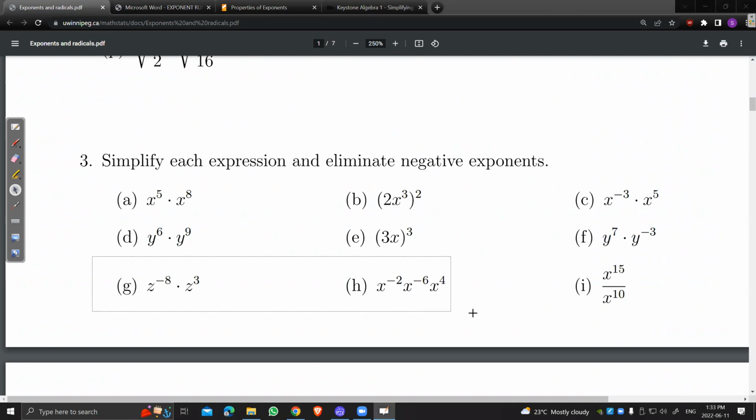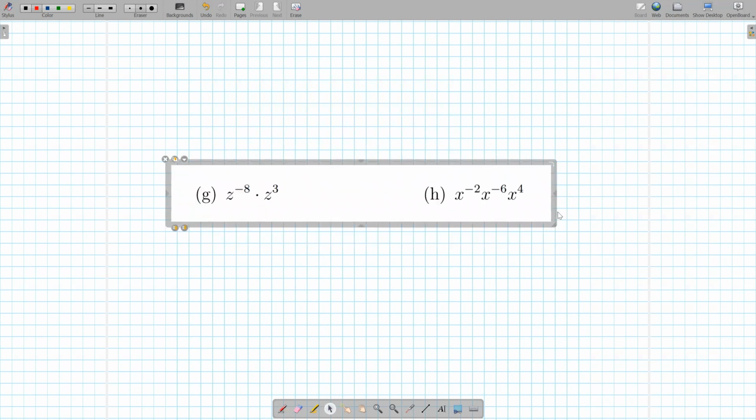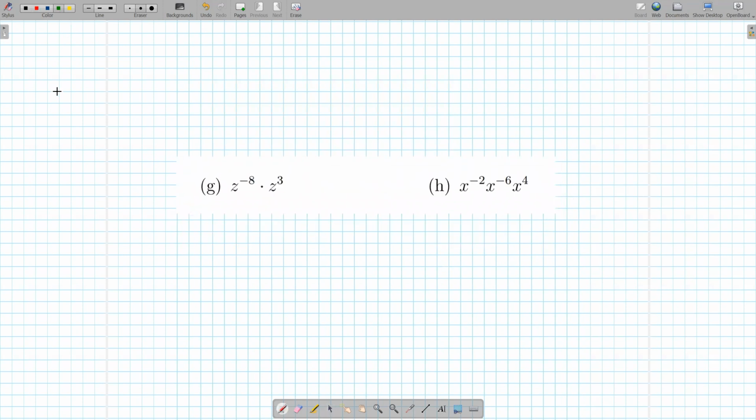What about G and H? Now there are some negative exponents here. What would it be for G? To the power of -5. Yeah, but we don't want negative exponents, so what do you do? You put it under a 1.